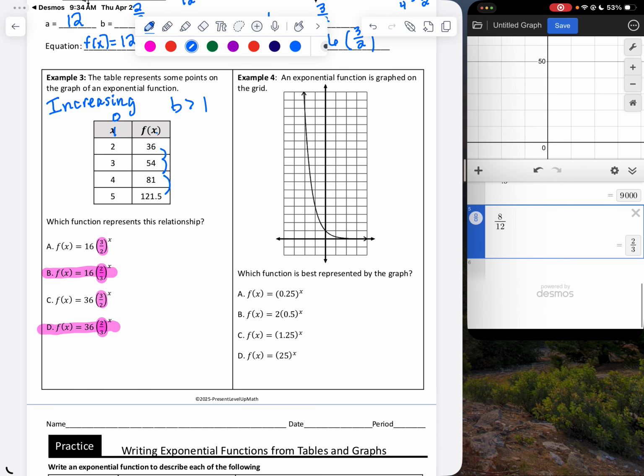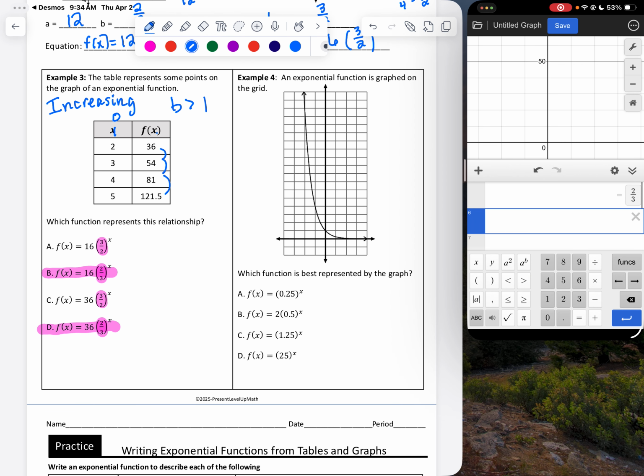Okay, so let's see what they're going back by each time. 121.5 divided by 81 is 1.5. 81 divided by 54 is 1.5. 36 divided by 1.5, that would be 24.